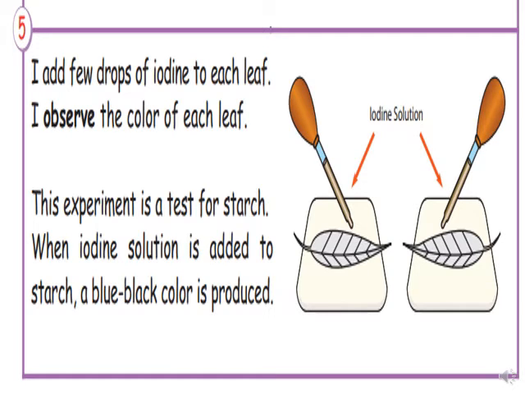iodine test. Iodine is used to identify the presence of starch. Which color does it give? A dark blue color in the presence of starch. So here we add the iodine solution and we observe the color. This experiment is a test for starch.